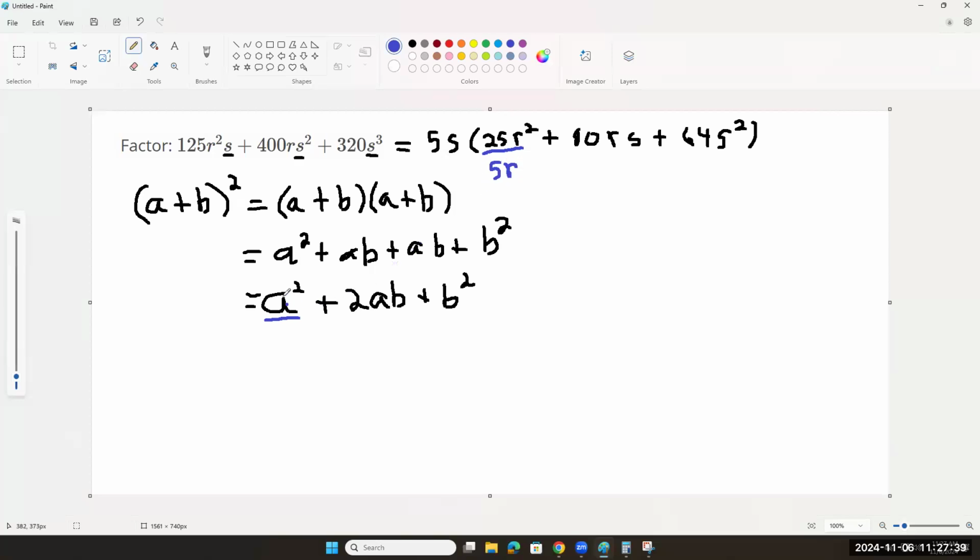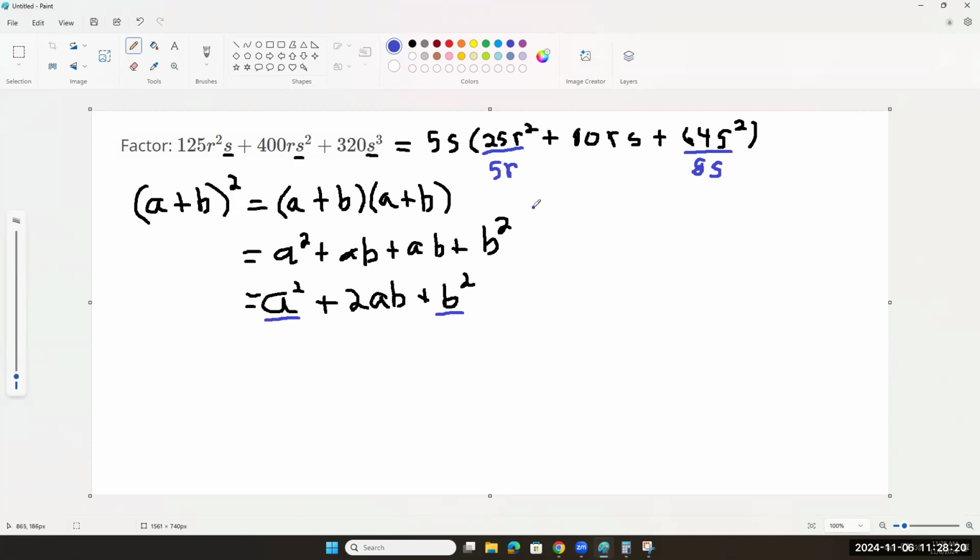So the 5R is very much in the same position as the A. Notice that 64 is also a perfect square, and the square root of 64 is 8. Now, the square root of S squared is S. Notice that the 8S is very much in the same position as the B.